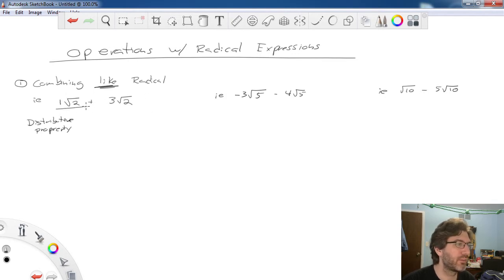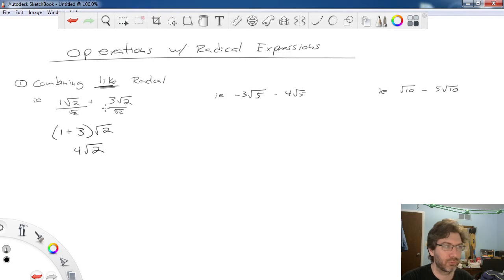I can divide this term by the square root of 2, and I can divide this term by the square root of 2. So it is your distributive property. What you're left with is 1 plus 3, and then you multiply it by the square root of 2, and that's reduced down to 4 square roots of 2. So 1 square root of 2 plus 3 square roots of 2 is 4 square roots of 2.